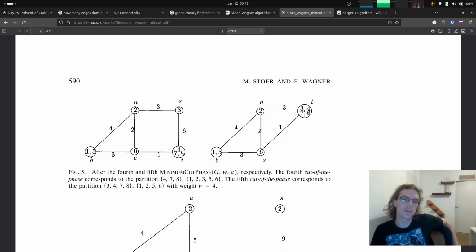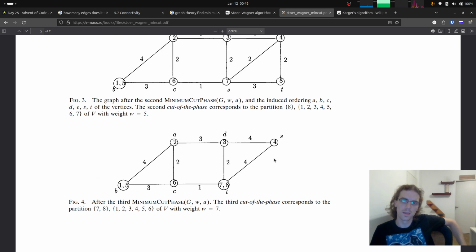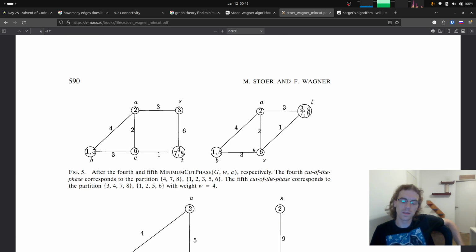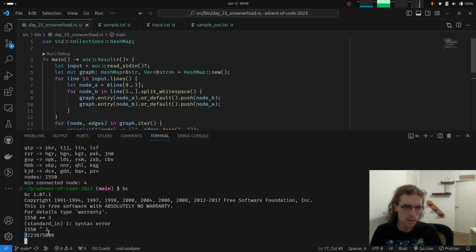We have 4, and if we started with a graph of, I don't know, 8, and this is 4, we know that the other number is also 4 because it's 8 minus 4. And the two numbers that we have to multiply are the amounts of nodes on each side.